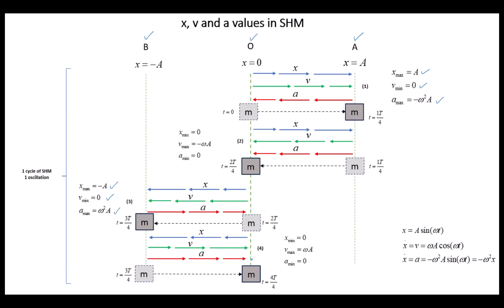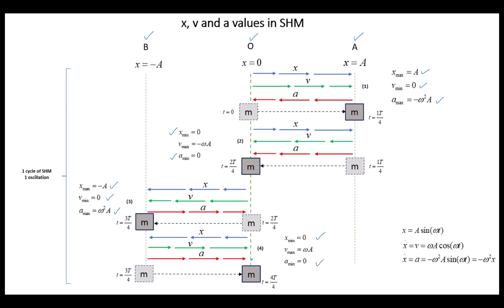At the point O, the value of the displacement will be 0, which is the minimum value of displacement, and the value of acceleration is minimum, given by 0. If you see, it is also the same: x min equal to 0 and a min equal to 0.